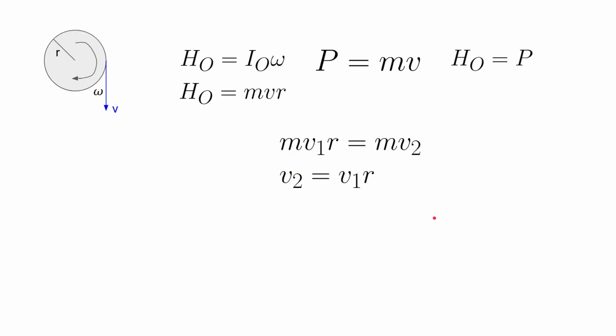However, as you might notice, this means that the speed that it's going at after it's released and the speed that it's spinning at are not the same. So when it's released, there would need to be a force to either accelerate or decelerate it to this second speed.